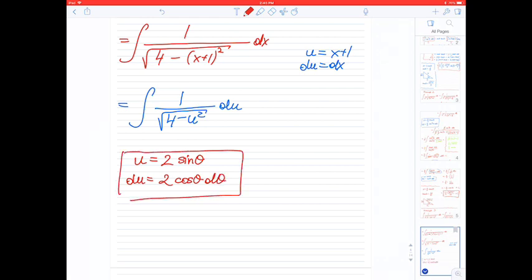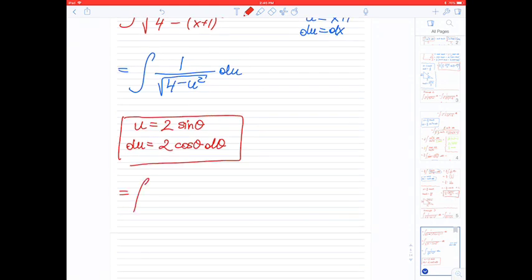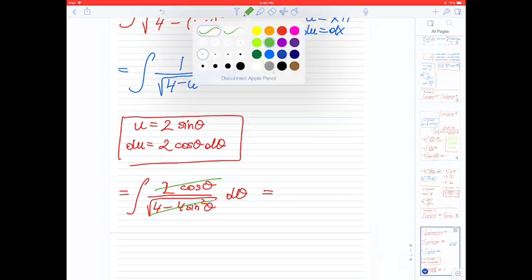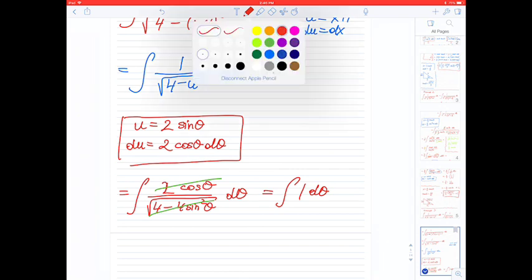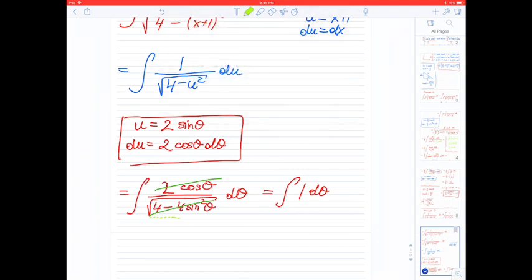Let's rewrite everything in terms of theta. 4 minus 4 sine square theta, and d theta is 2 cosine theta d theta. And I don't know if you can see, but my denominator is 2 cosine theta. That means everything is just 1 d theta. But I can work it out for you. That's what I did in the previous one.